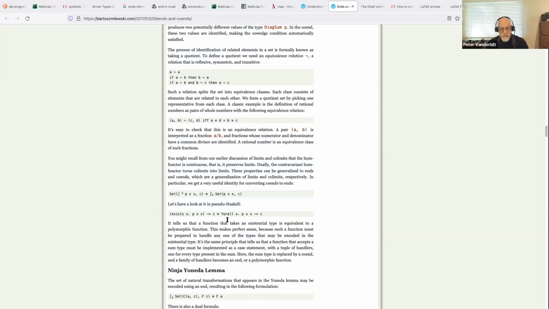Since X is not free in C, those two are basically the same. But on the right, you have for all X, P X X to C.